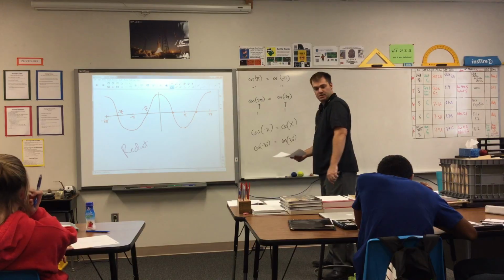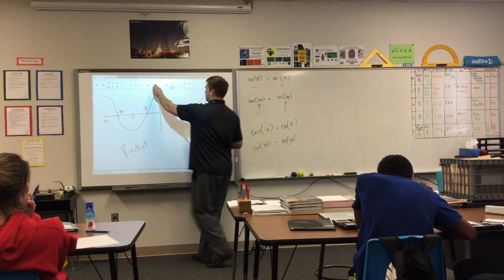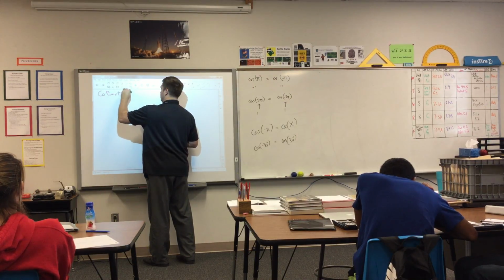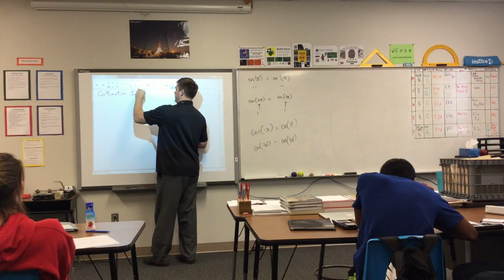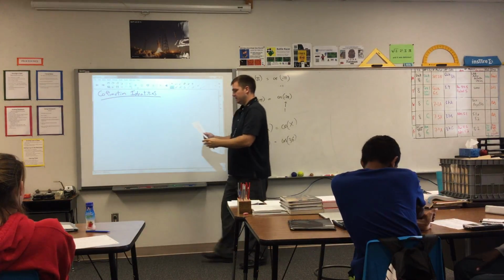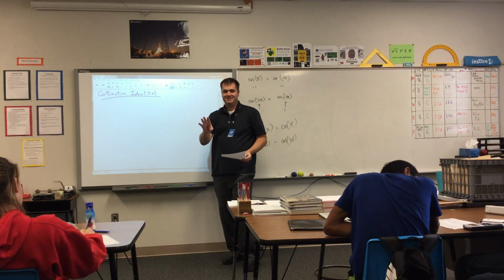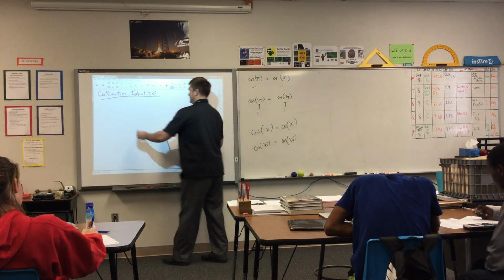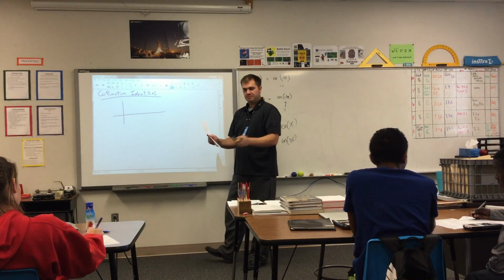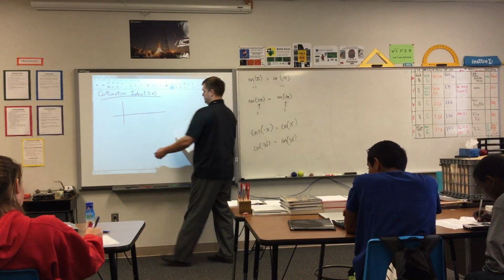All right. Now the cofunction identities. So this is one of the last times we're going to do graphs, I promise. So don't worry, simple graphs: sine, and then directly beneath it, cosine.